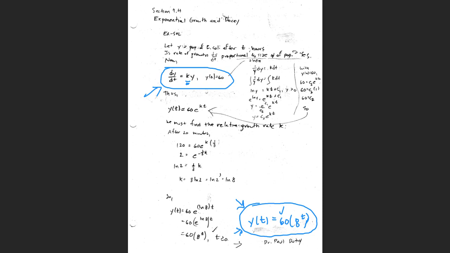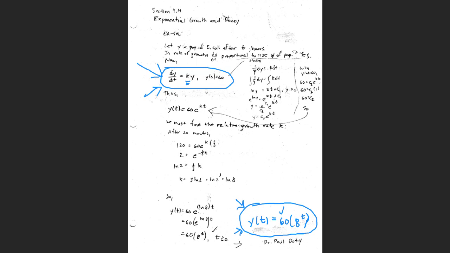And another thing I'll mention in section 7.4, all the problems deal with either exponential growth or exponential decay, and so all the problems can be formulated in terms of this differential equation.